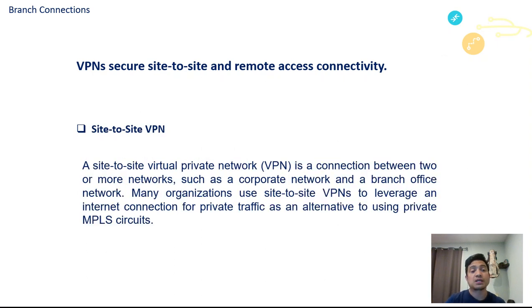Okay, what is site-to-site VPN? A site-to-site VPN, or virtual private network, is a connection between two or more networks, such as a corporate network and a branch office network. Many organizations use site-to-site VPNs to leverage an internet connection for private traffic as an alternative to using a private MPLS circuit.